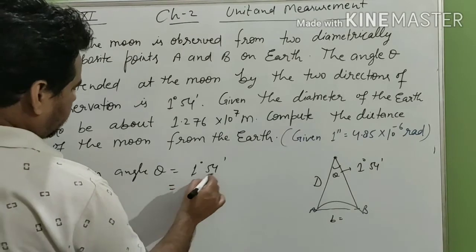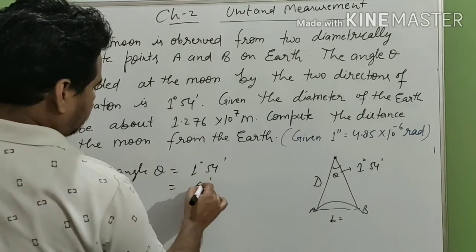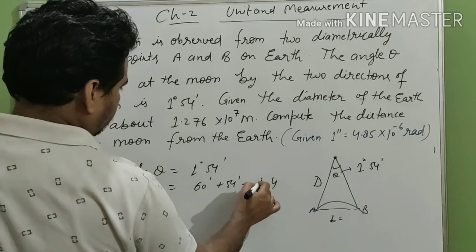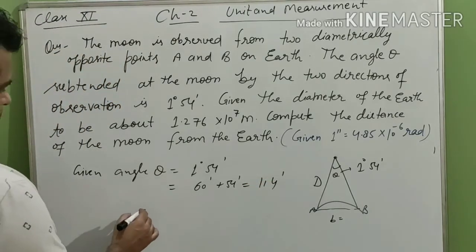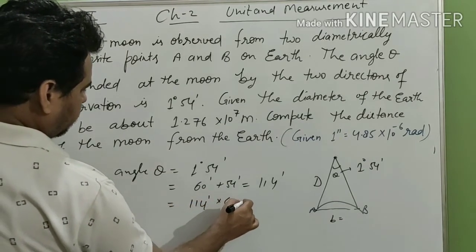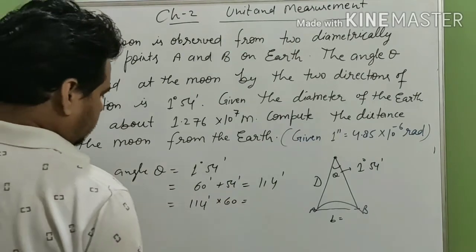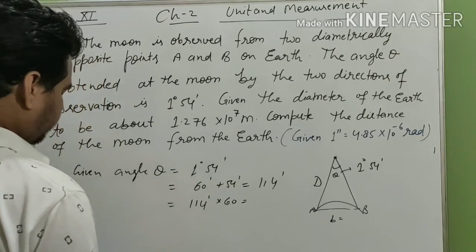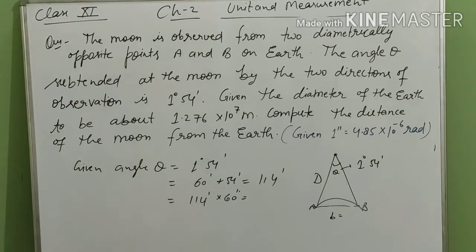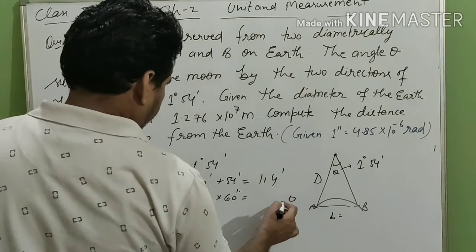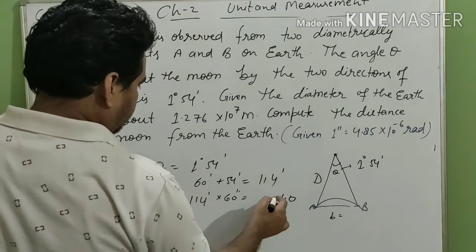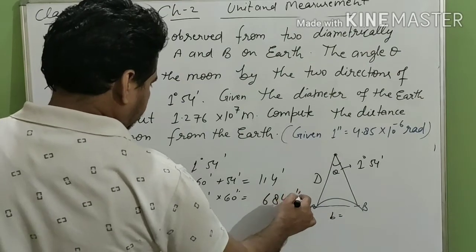First of all, in minutes: 1 degree is equal to 60 minutes, and with 54 minutes it is 114 minutes. Theta is 114 minutes into 60. Calculate how much it will be: 6840 seconds.